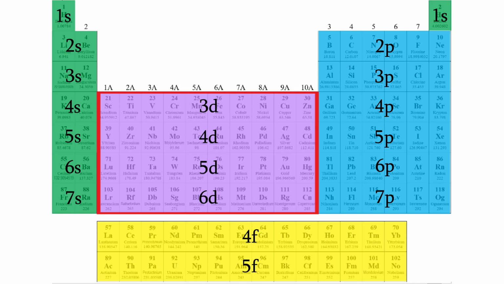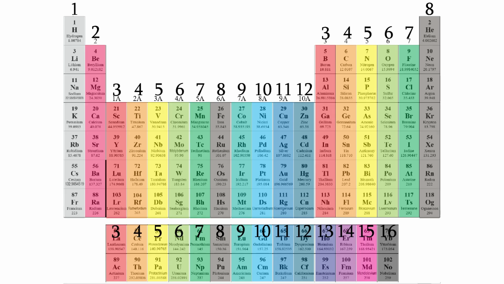The Octet Rule helps to explain why some ions have the charges they do. For example, ions of elements in this column usually have a charge of -1. That's because those atoms have 7 valence electrons, so adding 1 gives them a full valence shell, which makes them more stable. Meanwhile, atoms closer to the left side of the periodic table tend to lose electrons so that they have empty valence shells.